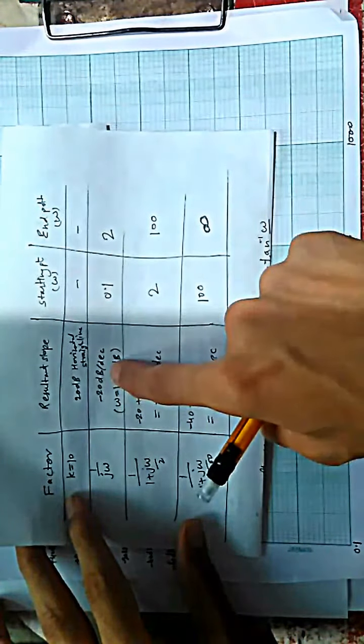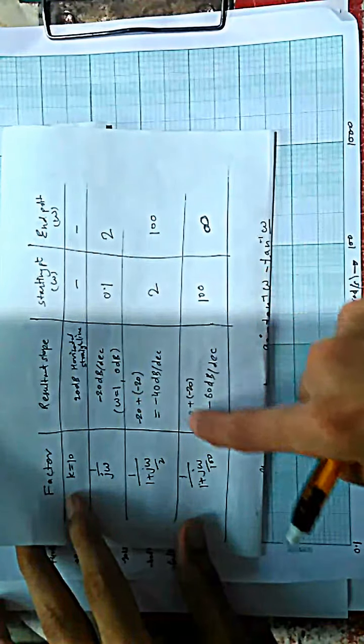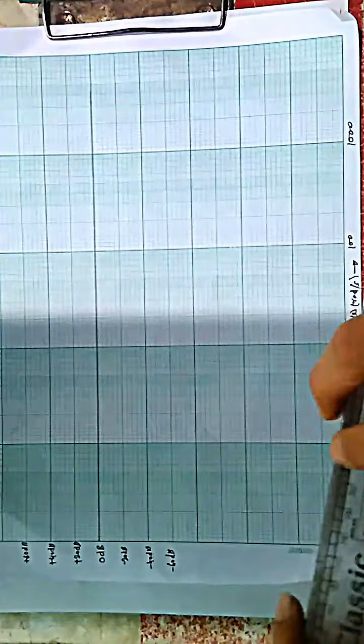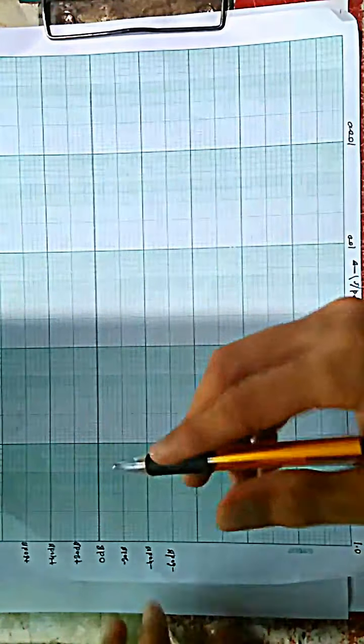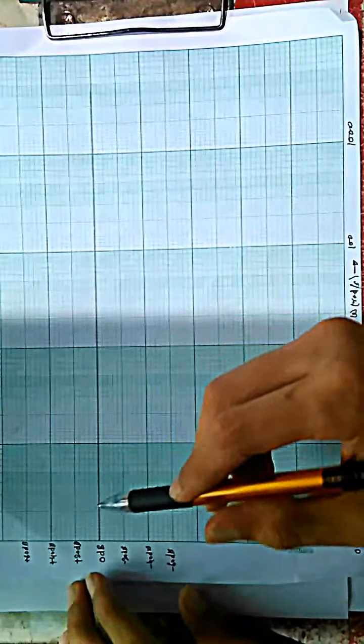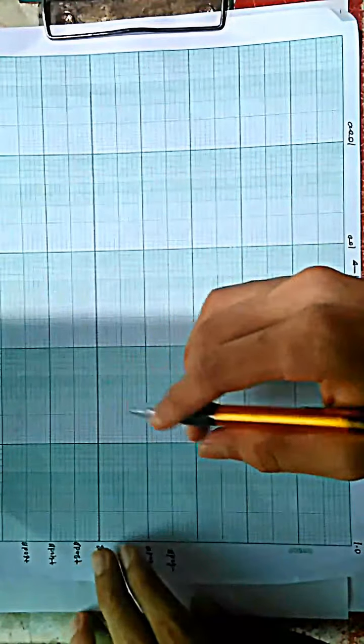Before starting to plot the Bode plot, from the second table, we have slopes of minus 20 dB per decade, minus 40 dB per decade, minus 60 dB per decade. We'll create a reference of these slopes in here. These are not part of our Bode plot. This is just for our reference. Then, what does minus 20 dB per decade slope mean?